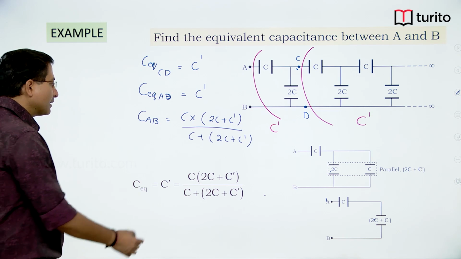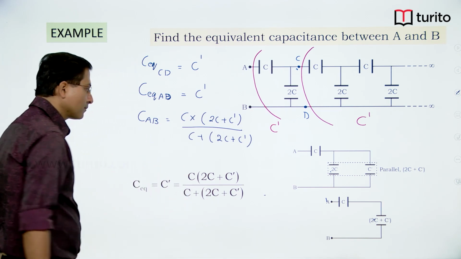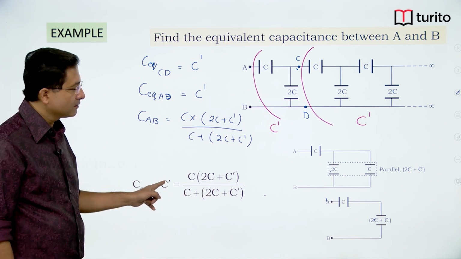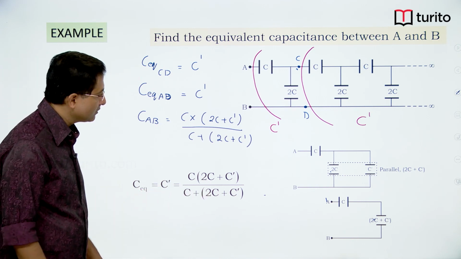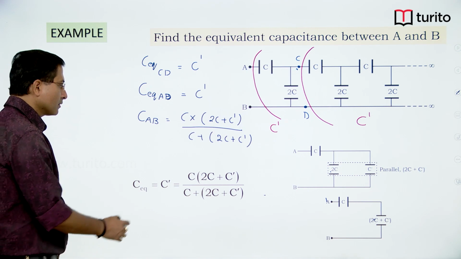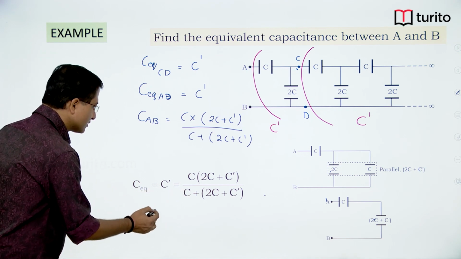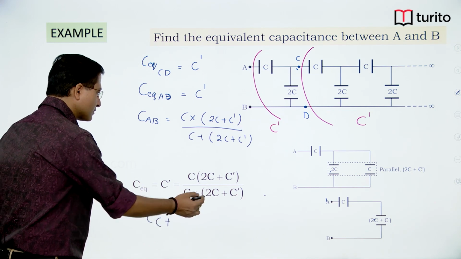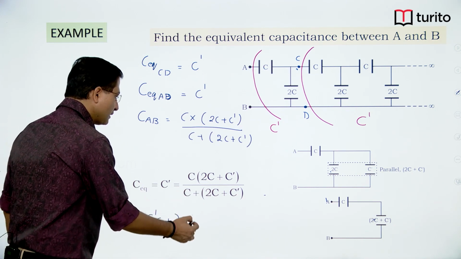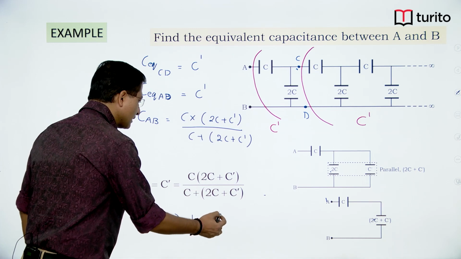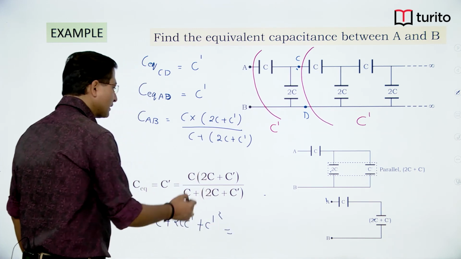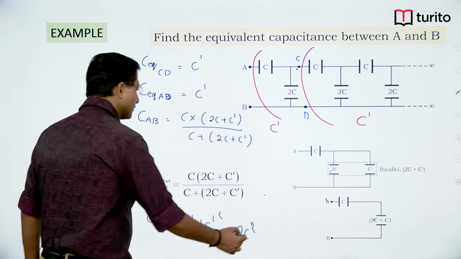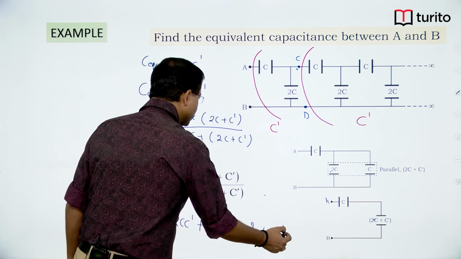As you can see, we are getting a quadratic equation over here. When you multiply this term here, you will get a quadratic equation. Let's see. So this will become C dash C plus 2C C dash plus C dash square is equal to, this side we are getting 2C square plus C dash.